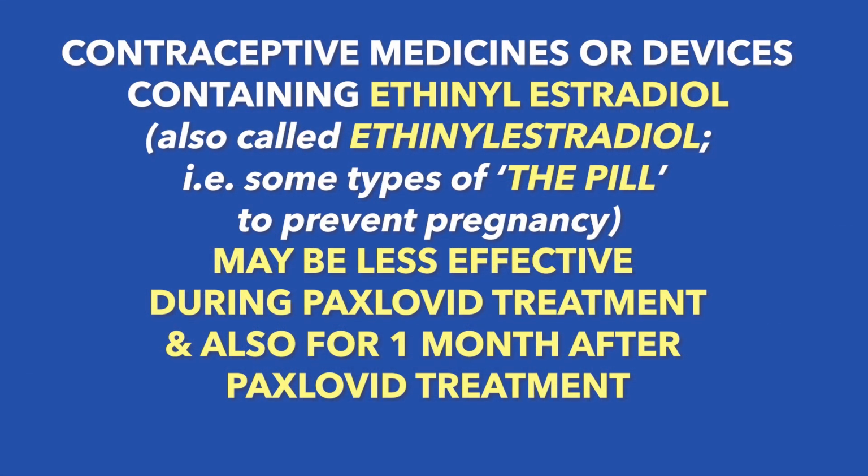Some medicines interact so mildly with Paxlovid that they don't need their dose changed. But there is something else to consider for one type of mild interaction. Contraceptive pills and devices containing ethinyl estradiol may not need their dose changed, but they might be less effective during Paxlovid treatment and also for 1 month after treatment has ended.